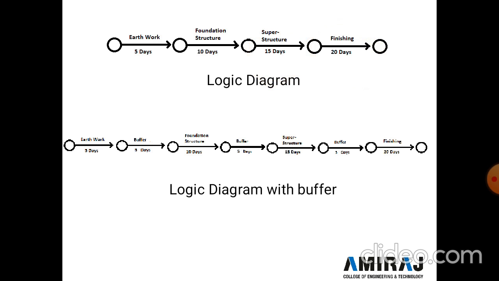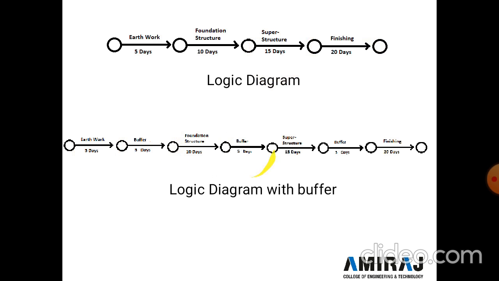Here, to provide for a margin of error in the time taken to complete each activity, buffer time is placed between the two activities. A buffer time of 5 days is put between the earthwork and foundation structure, and for the other two activities we also put a buffer time of 5 days.